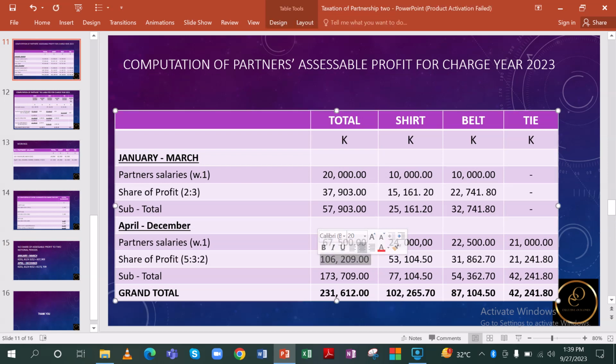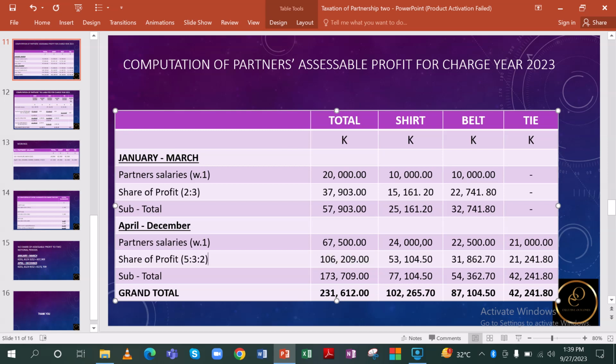This blank space is filled by finding the difference between 173,709 and 67,500. We are going to get the difference as 106,209 kwacha. So this difference is going to be shared by the partners Shed, Belt, and Ty in the profit ratio 5:3:2.